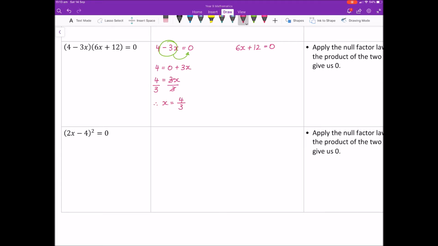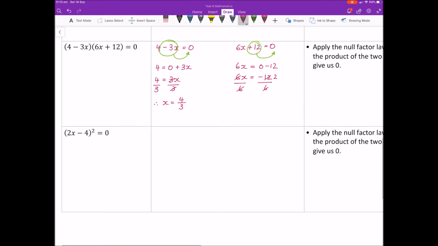Looking at the next part of it, I've got 6x plus 12. Again, here I'm going to take that positive 12 to the other side, making it negative, so I get 6x equals 0 minus 12. 6x is equal to negative 12. Dividing both sides by 6, 6 goes into 6 once, 6 goes into 12 twice, and then remember that there is the negative in front, and this gives me an answer of x is equal to negative 2.